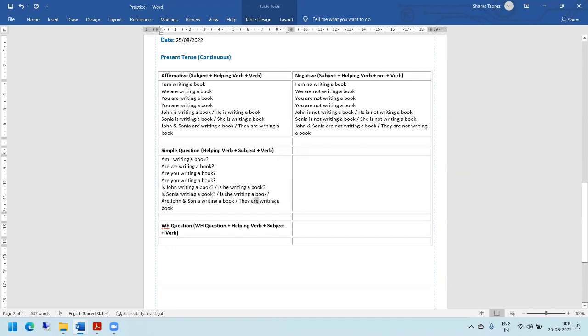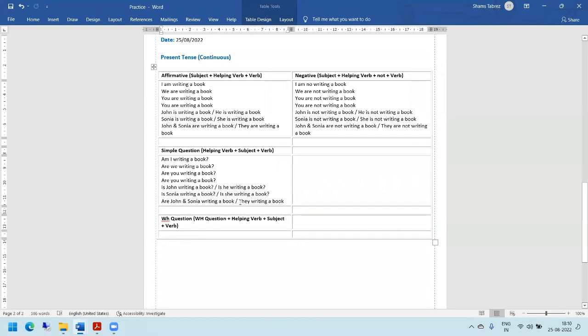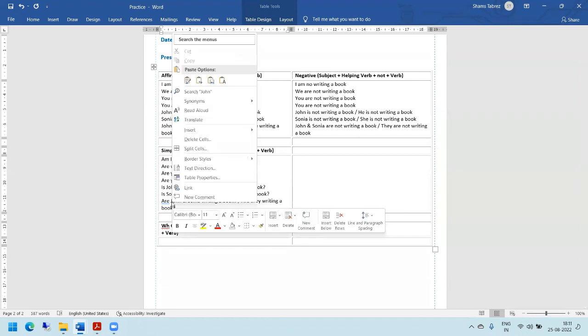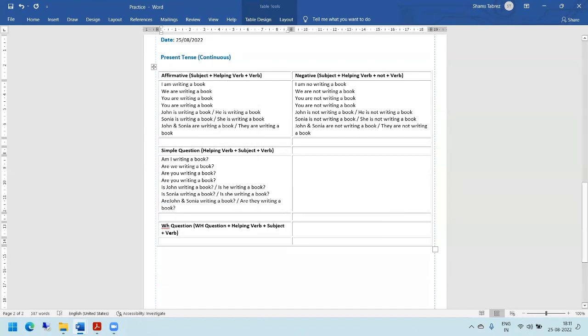And instead of naming them, we can use the pronoun they. So here, are they? This should also be capital. Are they writing a book? Question mark. Okay, this is how a simple question is created.